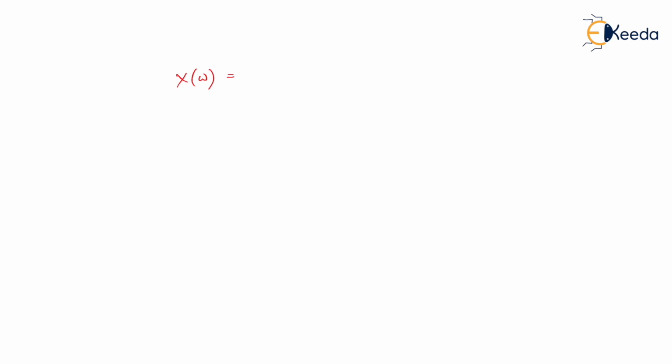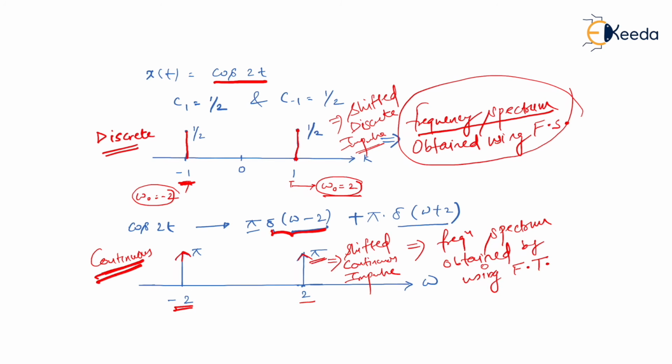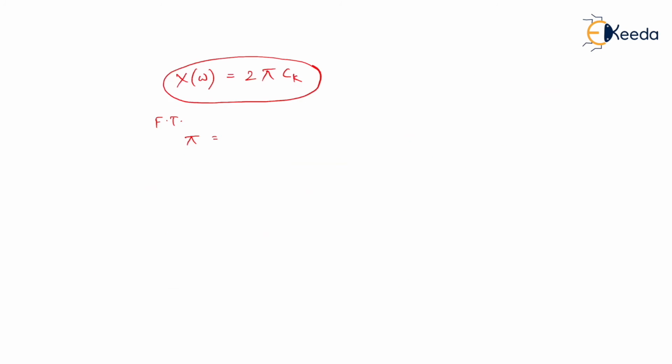X of omega is always 2 pi times ck. So this is a standard relation. If you remember, in Fourier transform we had area as pi, and over here we have magnitude as 1 by 2.